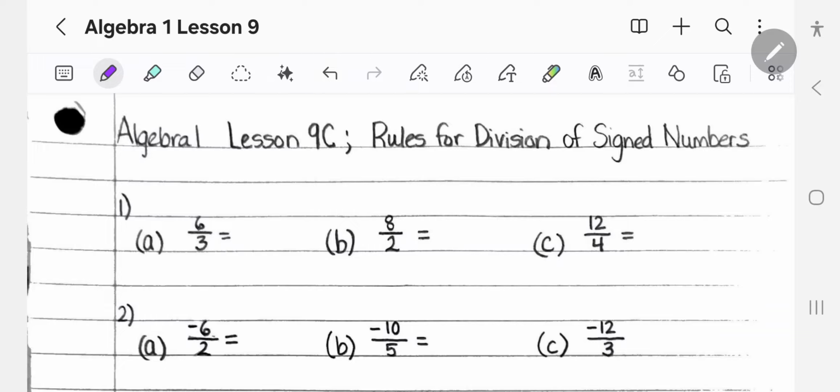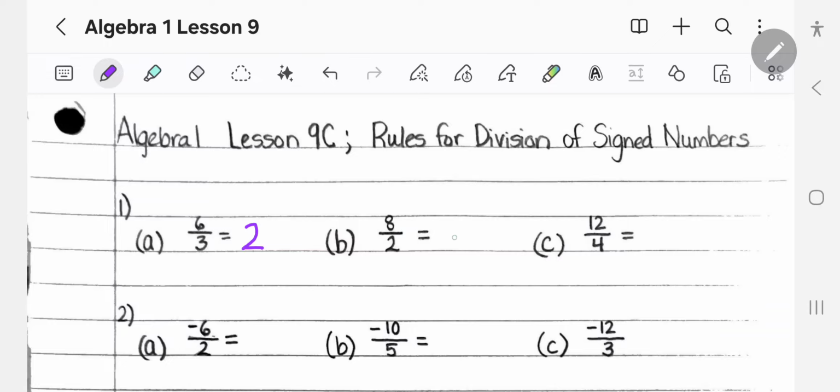I'm reading to you from the textbook at the bottom of 9B. So the rules for multiplication and division are going to be similar since they are inverse operations. So let's look at this and see if we can figure out the rules for dividing signed numbers. In the first set of problems, we have A, 6 divided by 3, which is 2.